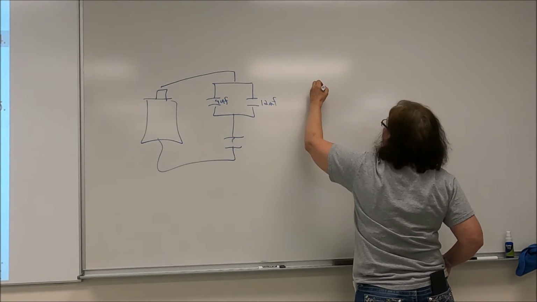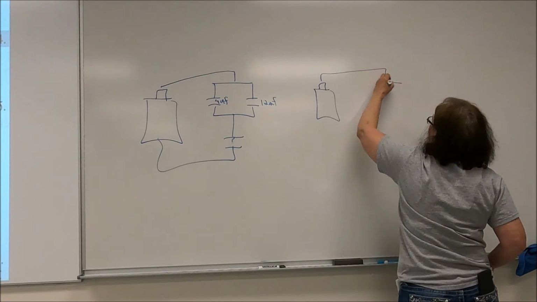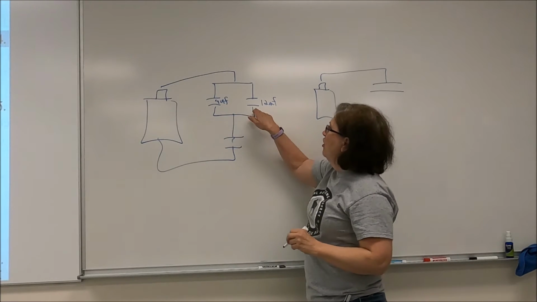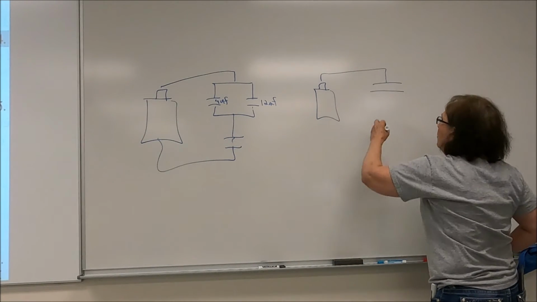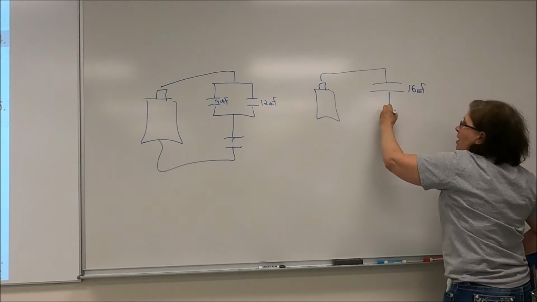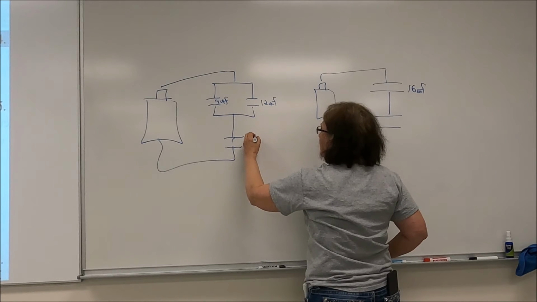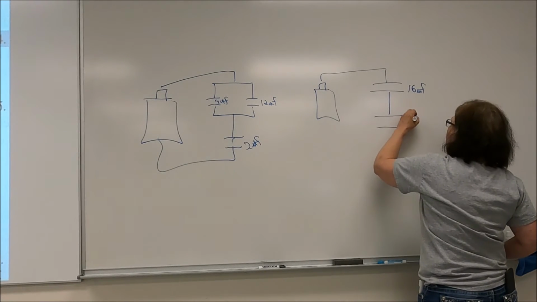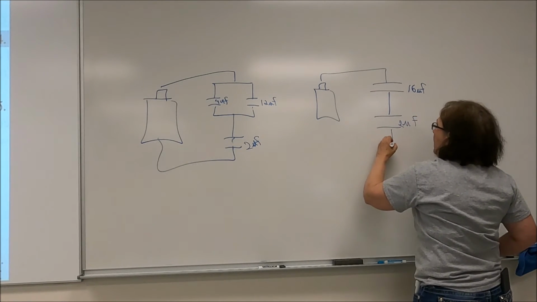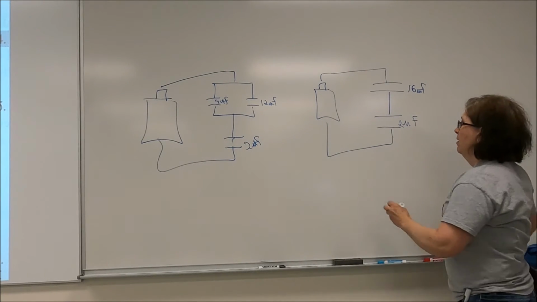So I can replace those with a single capacitor that's just the sum of those 2. 12 plus 4 is 16 microfarads. And now I have a 16 microfarad in series with a 2 microfarad.